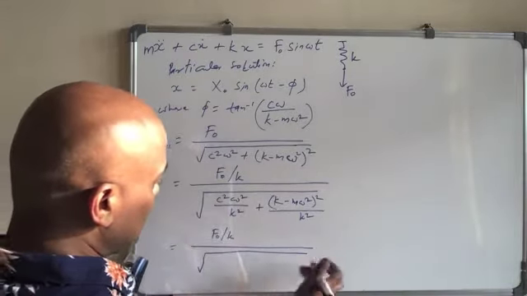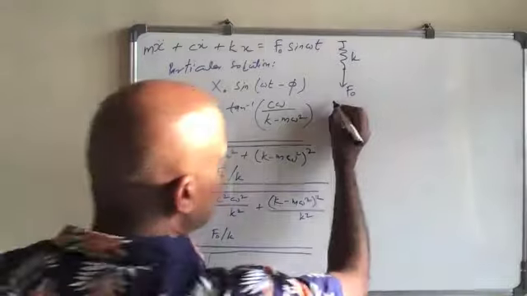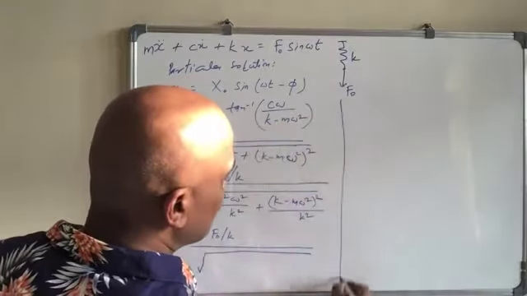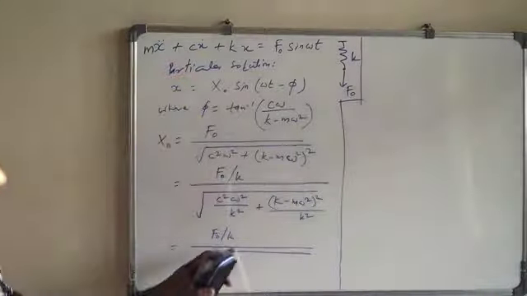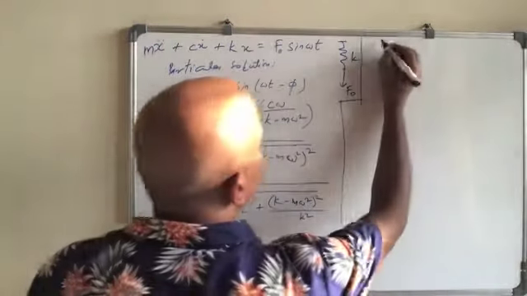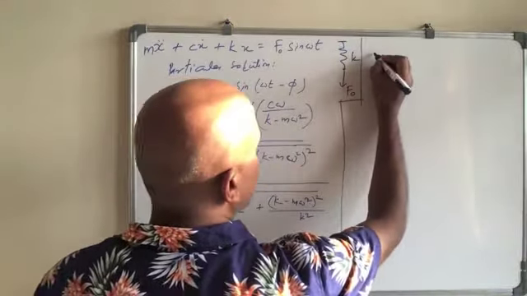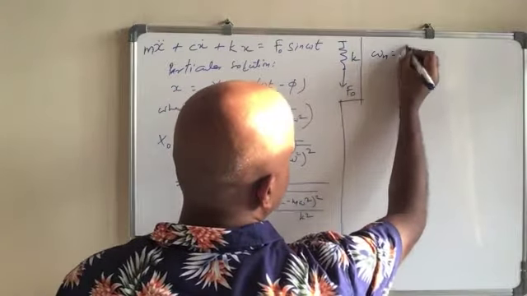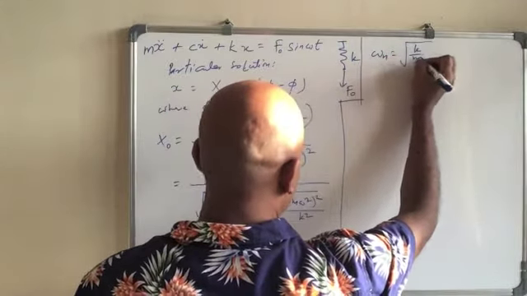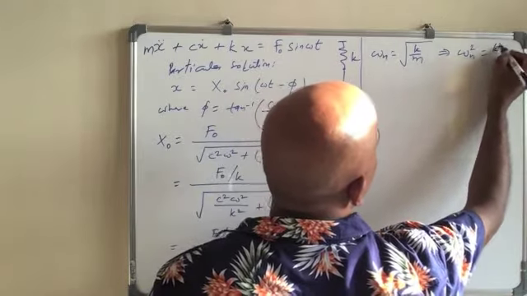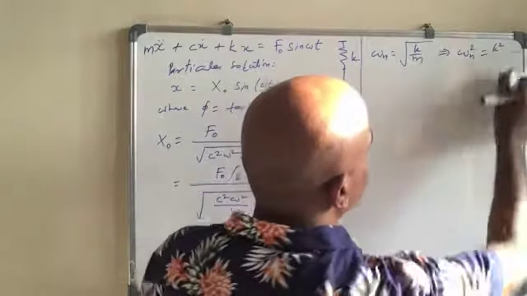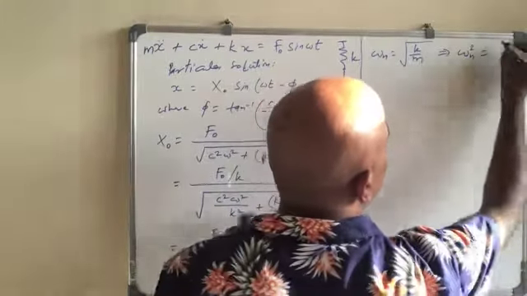Which properties are we going to use? One is omega n, which is equal to root of k over m. So we will use this, so that omega n square equal to k over m.